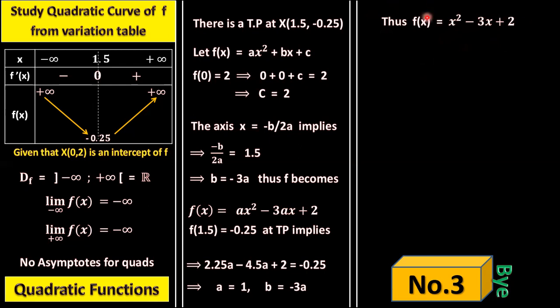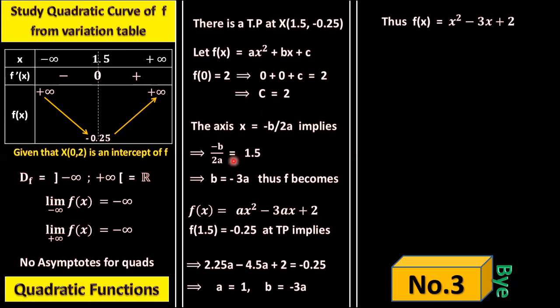So here you see what we can do to come out with the function from the variation table. If you do not understand certain concepts here, please watch this video again. The first thing to do is we use the intercept that we have been given, f of 0 equals 2. When we do that, we get the value of c. Then we know the axis of symmetry, or we can differentiate this, and at turning points we equate to 0.